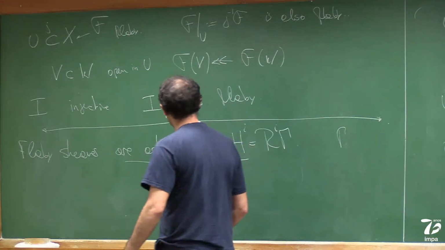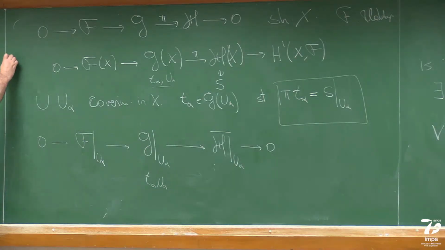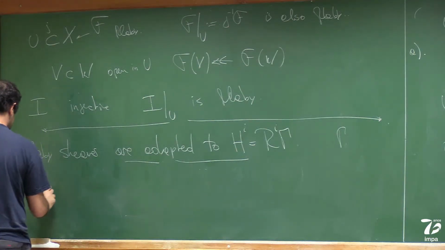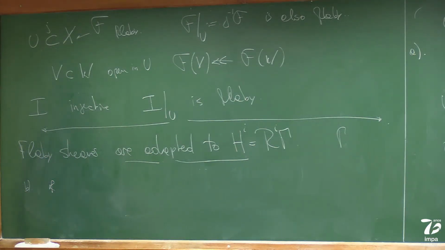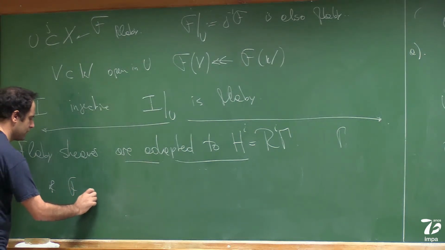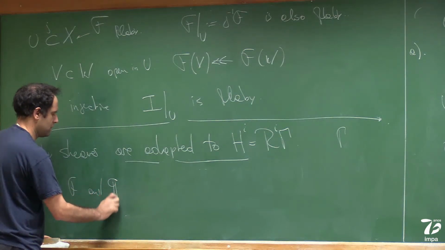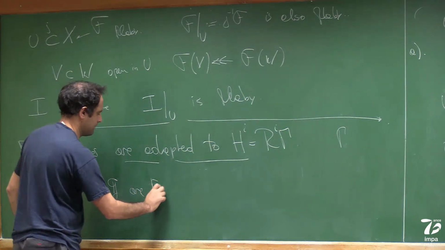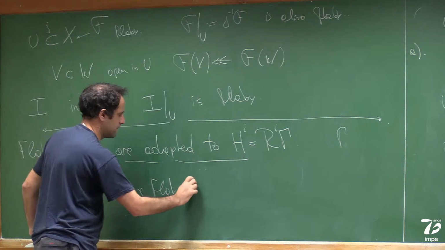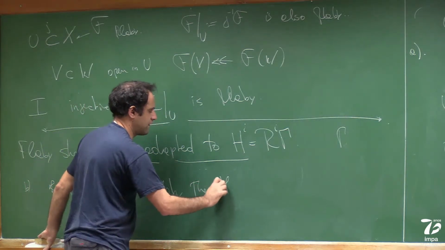So those are two things that I want to do. A is that, and B is that if F and G are flasque, then H is flasque.